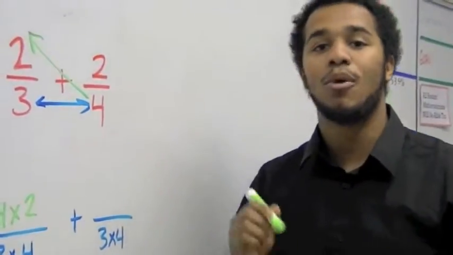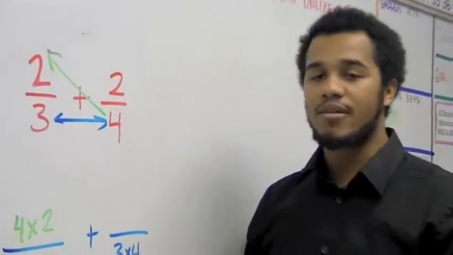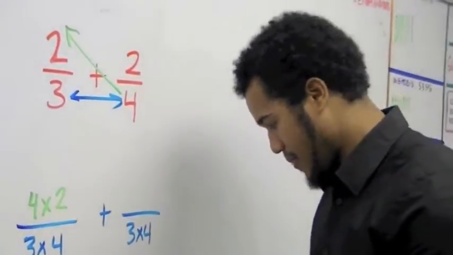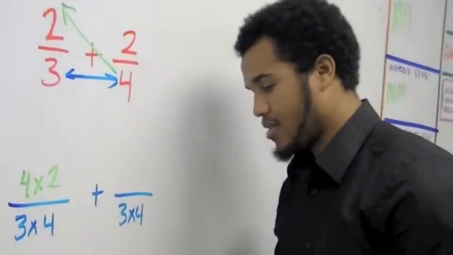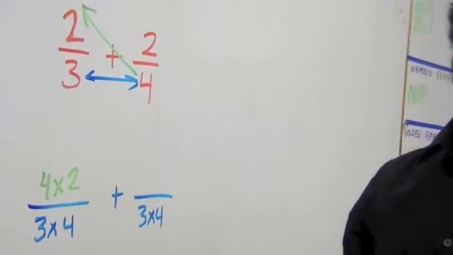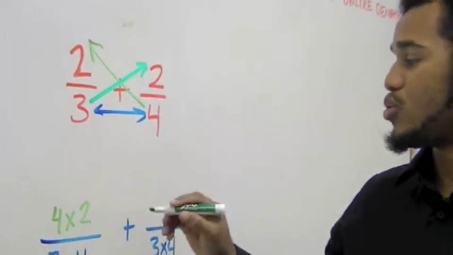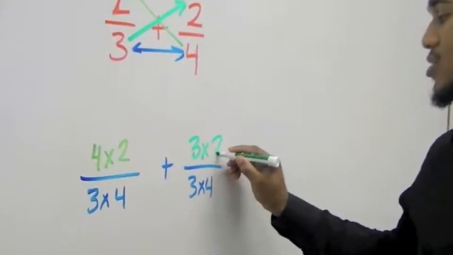Now, for this last one, pause it one more time and see what you got for the numerator for this fraction. Yes, the last one is 6. 3 times 2, 3 times 2.